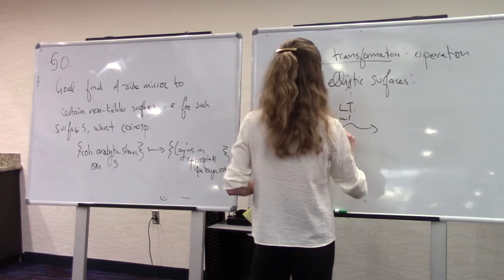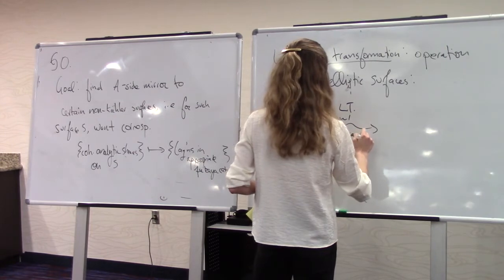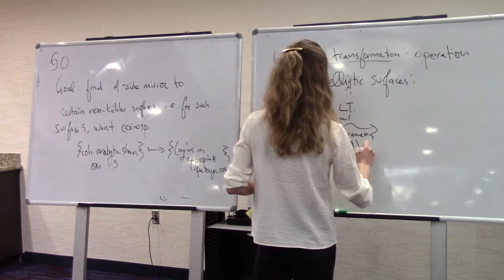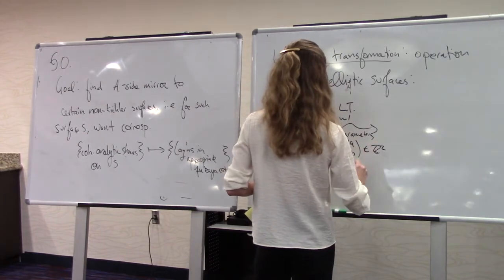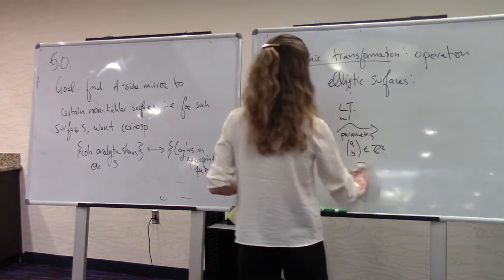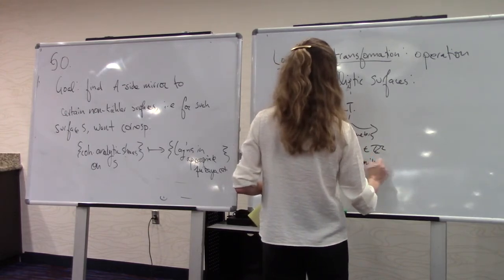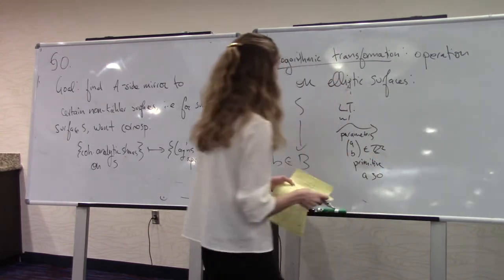And this is going to have parameters (a, b). This is a vector in Z², a pair of integers. It's primitive in Z², and a is greater than 0.